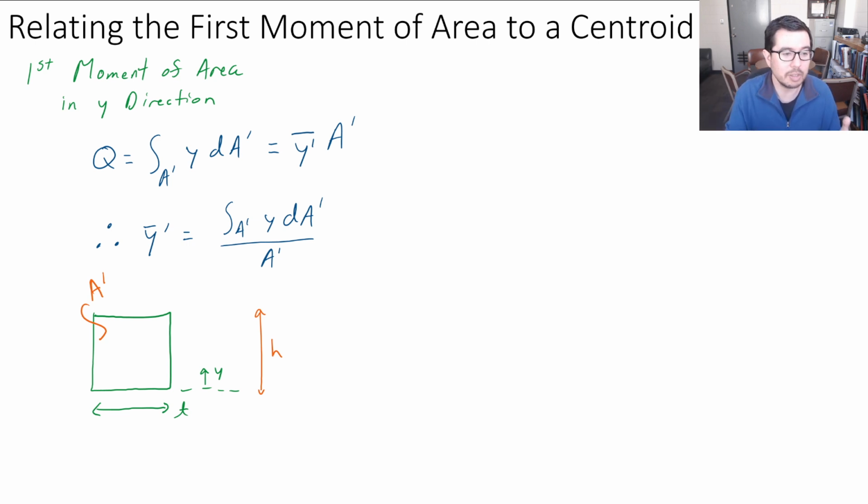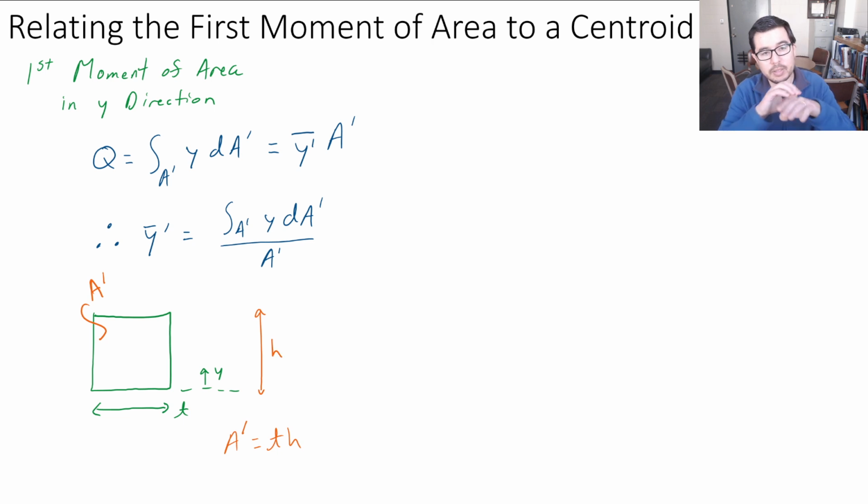I guess it's kind of squarish. Nonetheless, it has some area A prime, and we're defining a y coming up from the bottom side of it. The area A prime is simply the width times the height, as we see here.